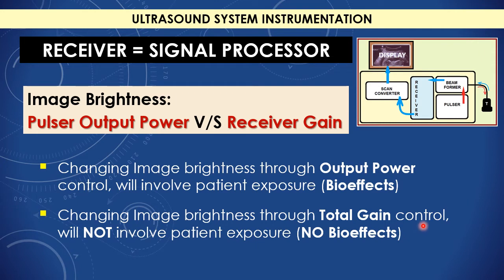I'm not touching the patient. The patient is not exposed to extra ultrasound waves, and will have the same bioeffects as beforehand. When I increase the output power, I'm exposing the patient to extra bioeffects. When I increase the brightness through the receiver gain, I'm not touching the patient, and the patient has the same bioeffects as before.